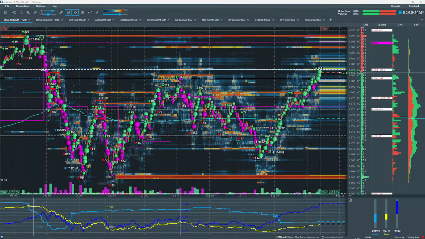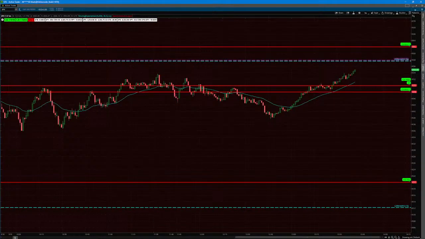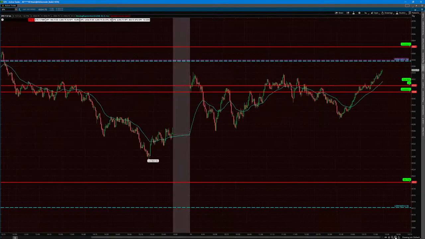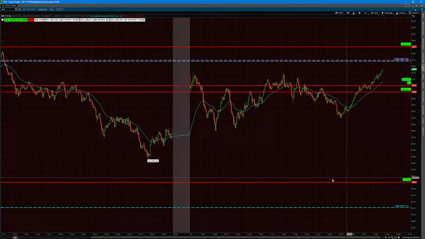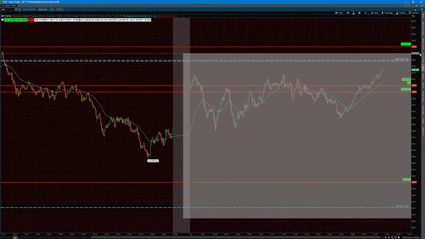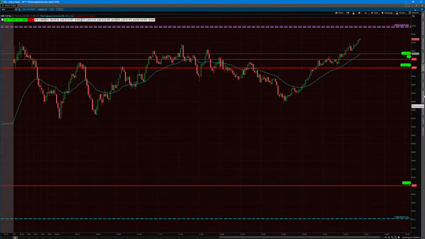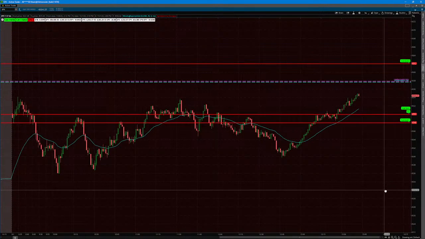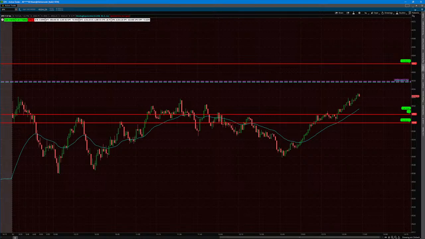And then let's take a look at a shorter time frame here. This is SPX in a 1-day 1-minute chart. Zoom in on this just a bit. All right, so here's today. Let me point out the levels on this chart.